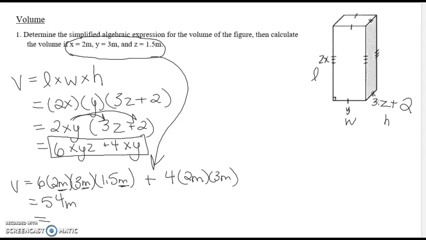Plus 4 times 2 is 8, and 8 times 3 is 24 meters. And then 54 plus 24 gives us 78 meters. And because it is volume, it's cubed. So 78 meters cubed is your final answer.